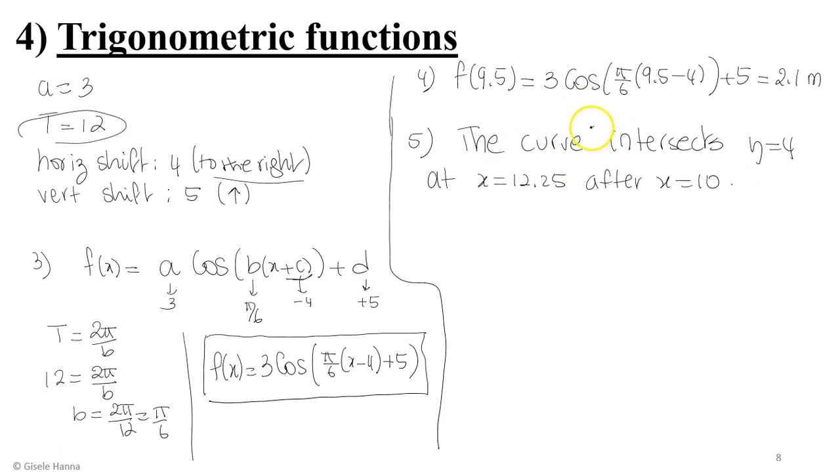We could say that the curve first intersects y equals 4, because there are other points of intersection, at x equals 12.25 after x equals 10. Then at 12:15 p.m., Ben can go out of the harbor.